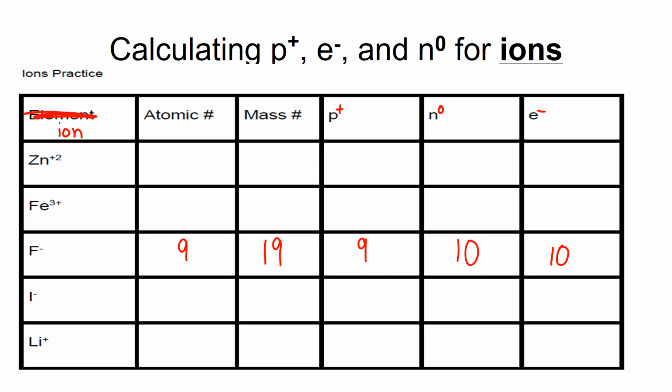All right. It's just coincidental that the number of neutrons and the number of electrons equaled each other. Mass minus protons gives us neutrons. All right, so go ahead and see what you get for the rest of these.